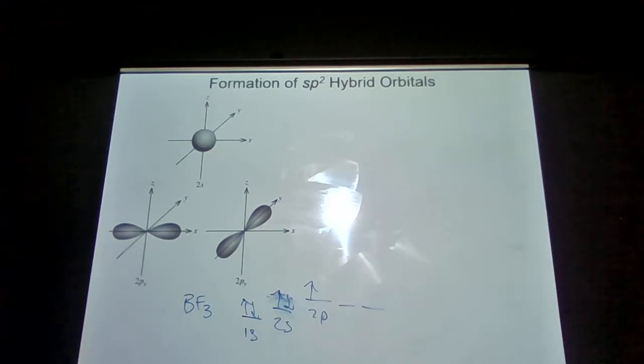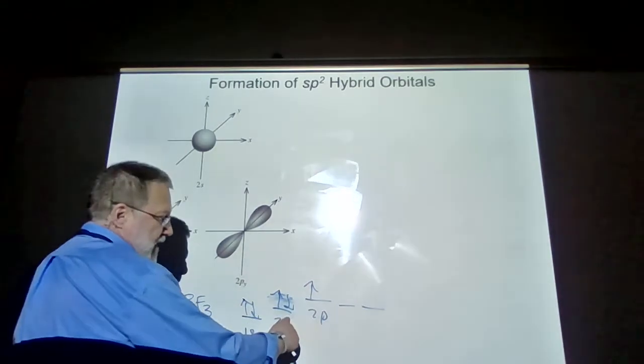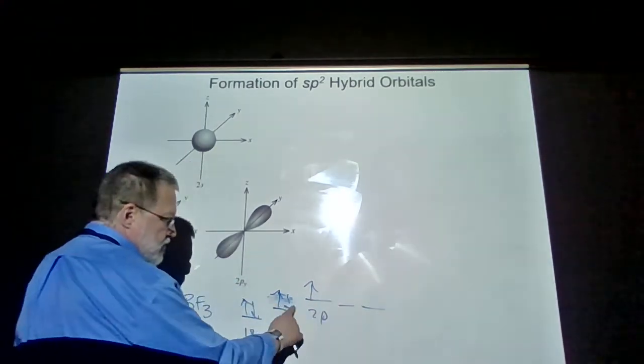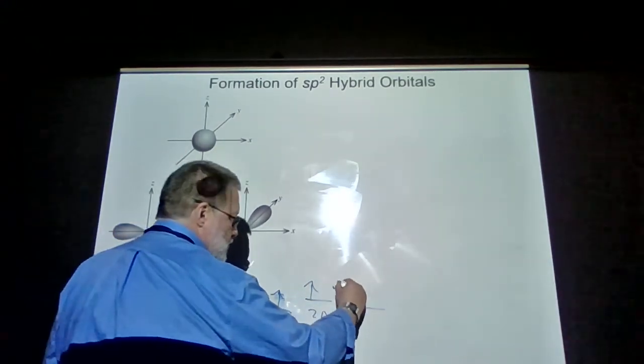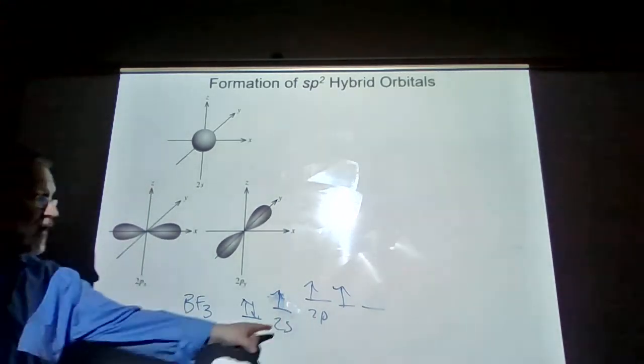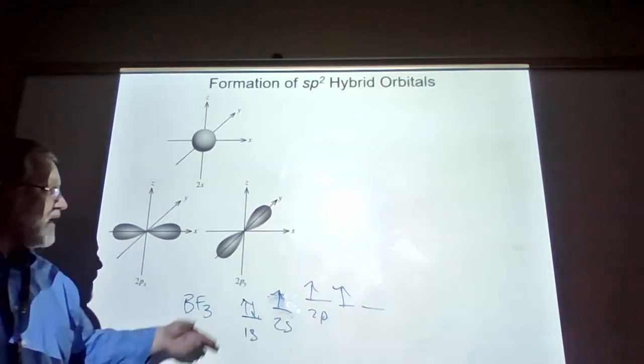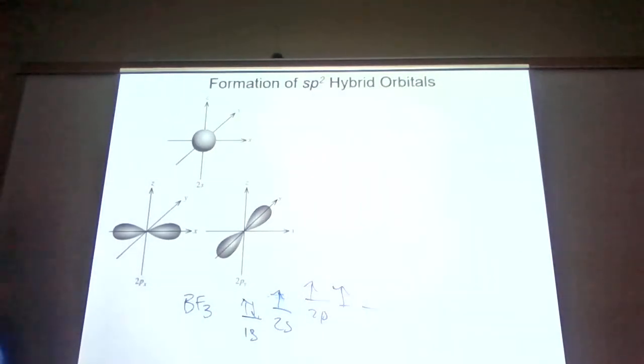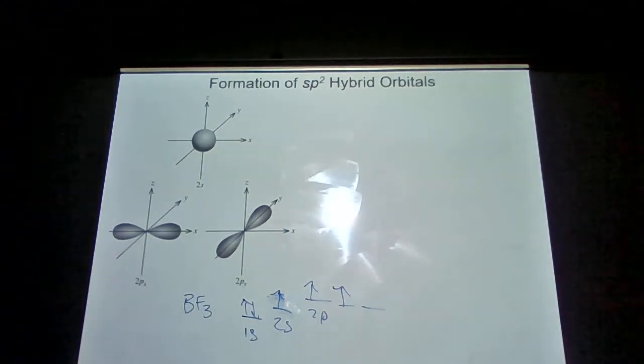If we promote an electron from an s orbital to a p orbital and hybridize them, we're combining two p types with an s type, giving us an sp2 hybridized orbital.